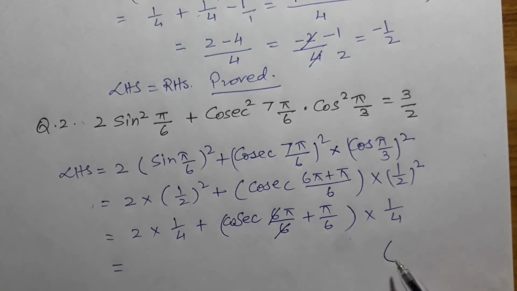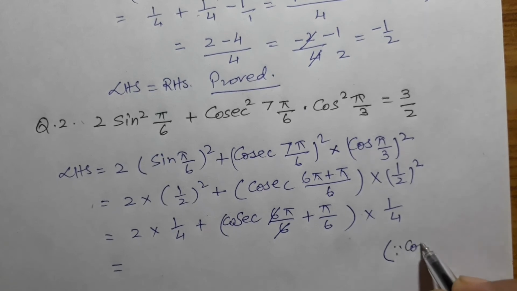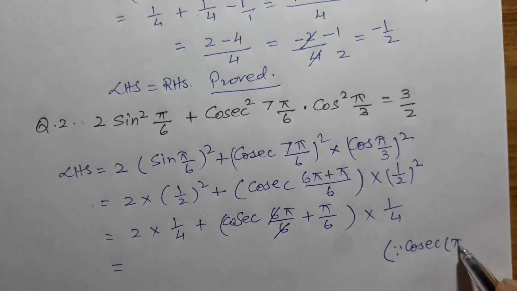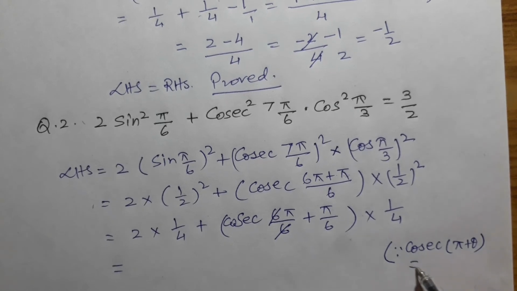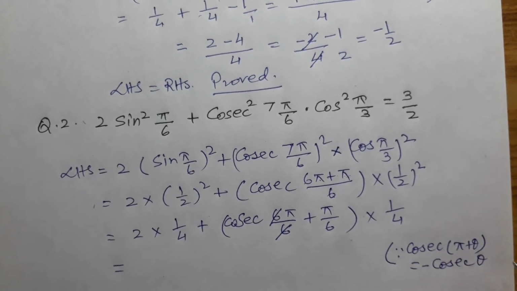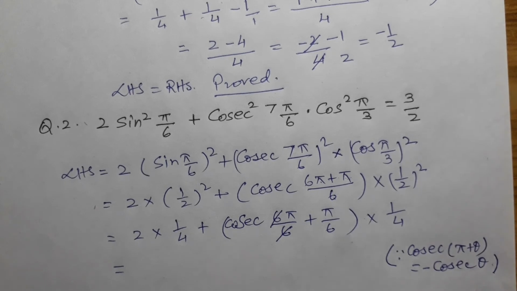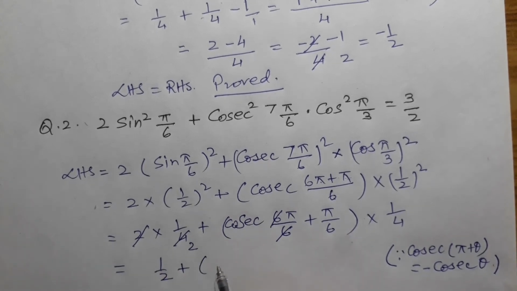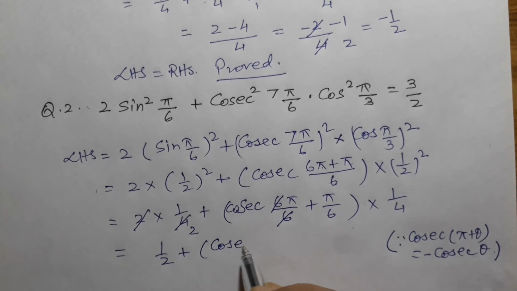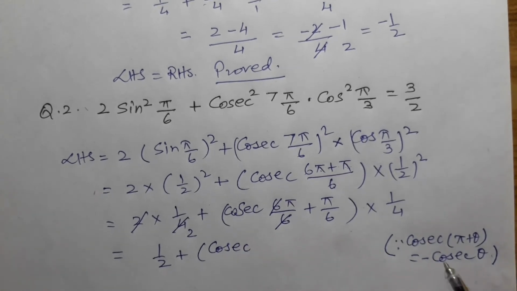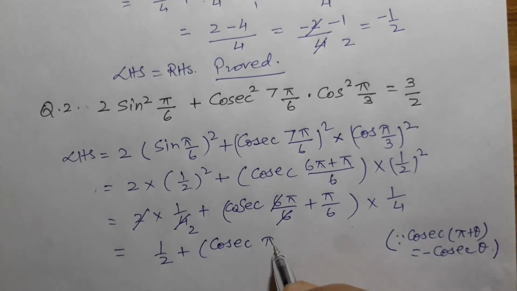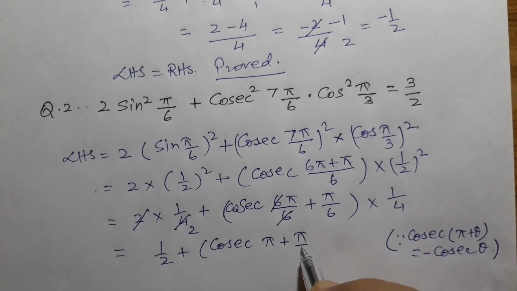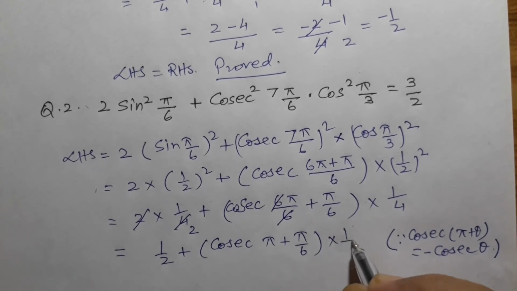So we know that cosec pi plus theta is equal to minus cosec theta, this is the formula we know. So 2 will be cancelled, 1 by 2 plus cosec pi plus pi by 6 into 1 by 4.